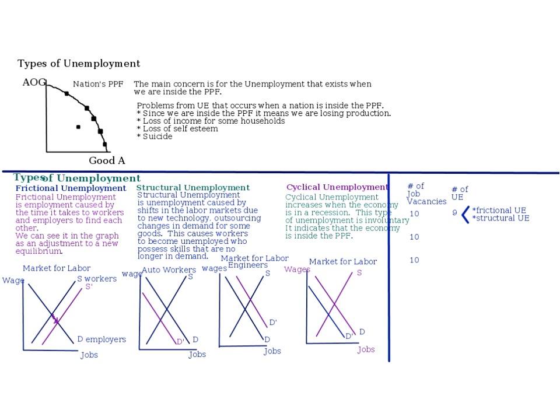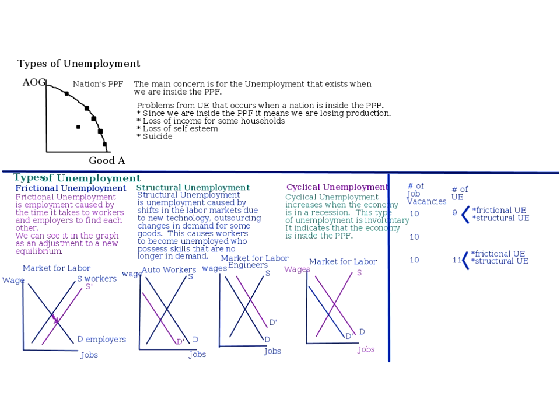All right, so now I'm going to go to the bottom here. Let's say we have a situation where we have 11 people unemployed. Well, now we still have frictional and structural unemployment, just like we did up above.